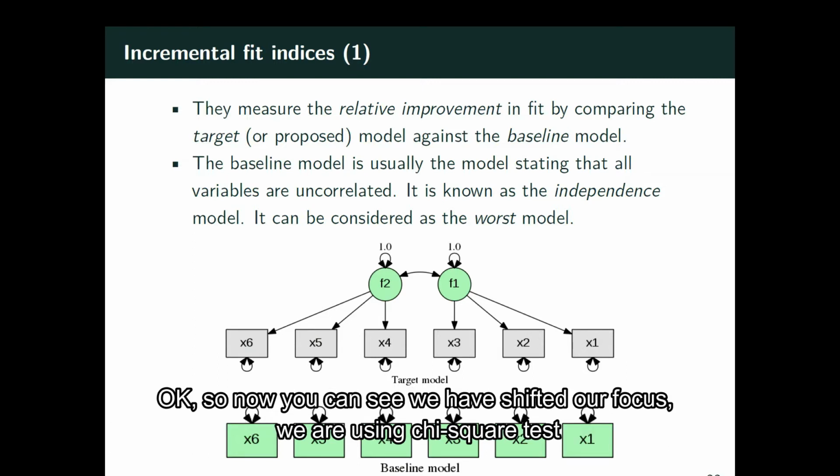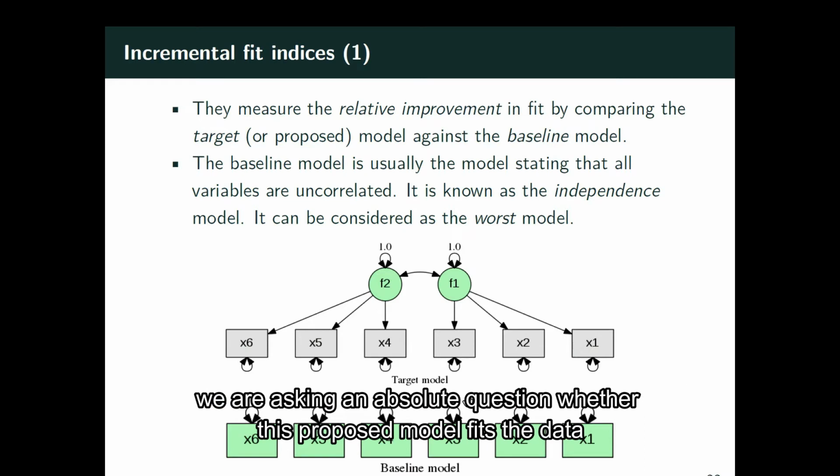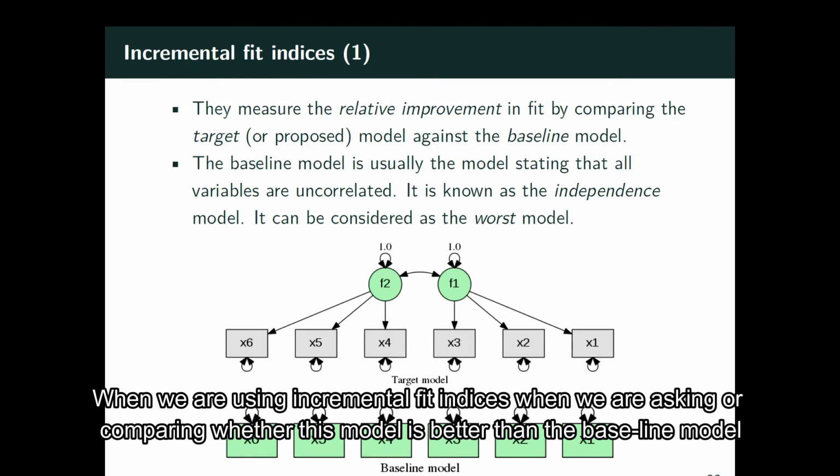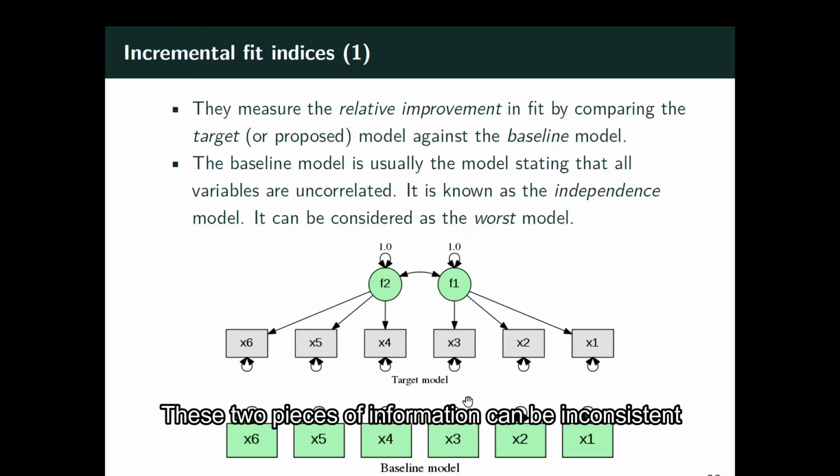Okay. So now you can see we have shifted our focus. When we are using the chi-square test, we are asking an absolute question, whether this proposed model fits the data. When we are using incremental fit indices, we are comparing whether this model is better than the baseline model. These two pieces of information can be inconsistent.